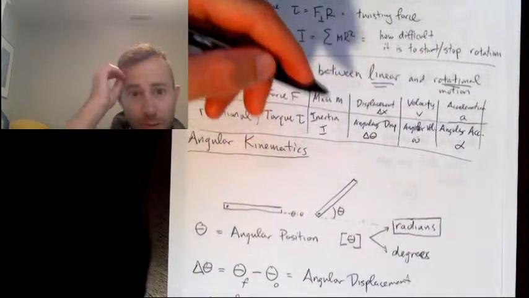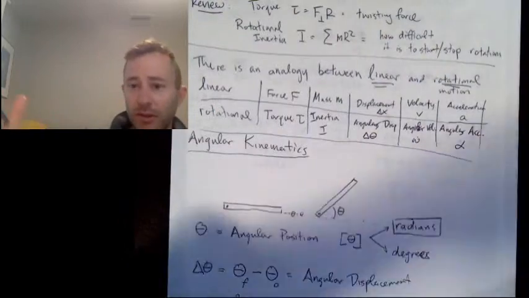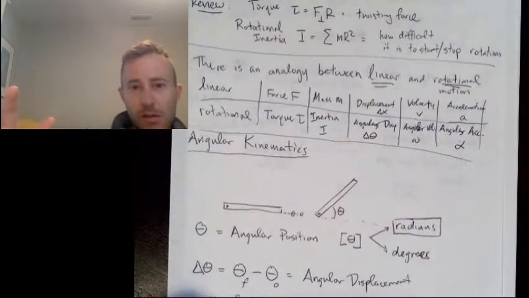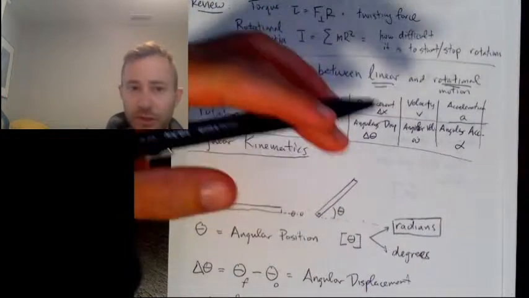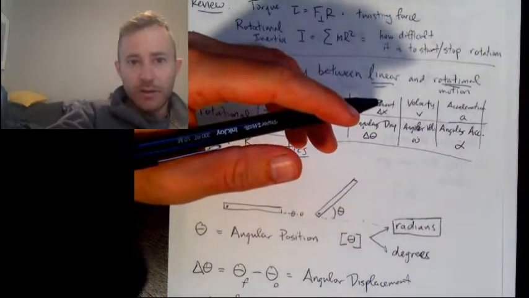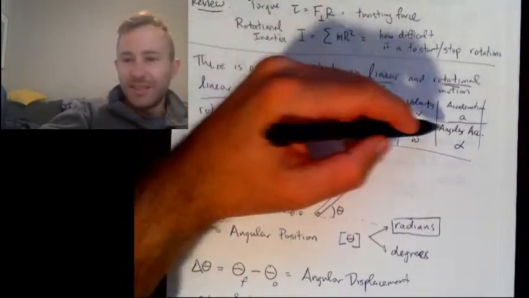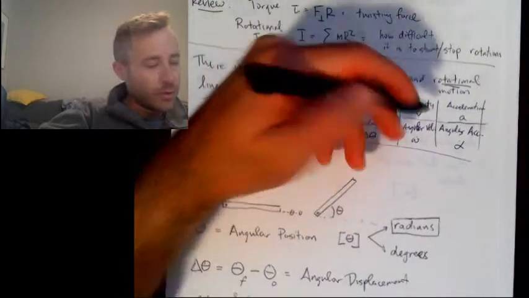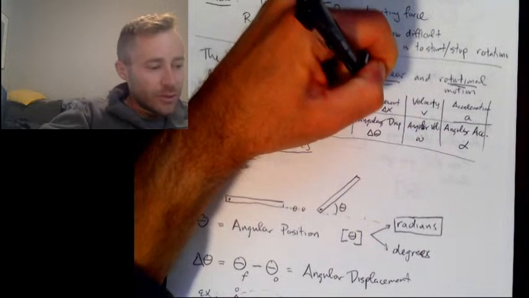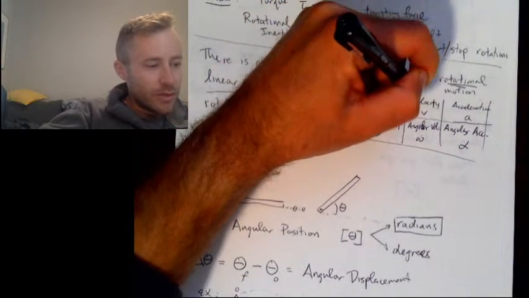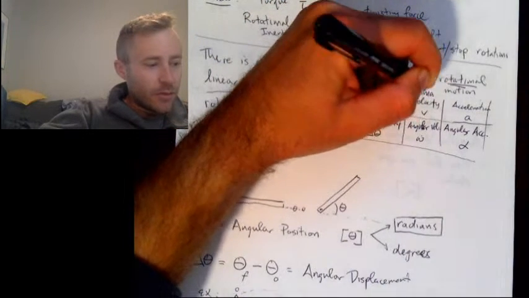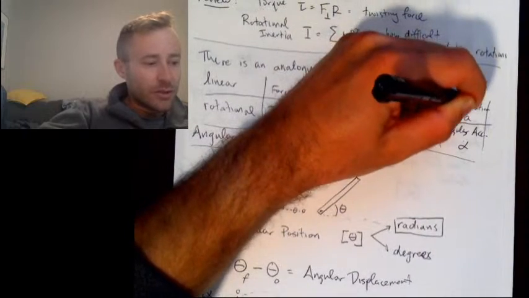So if you are solving a problem or discussing some physics and you need to differentiate between these two, you can call this the linear displacement, the linear velocity, and the linear acceleration.